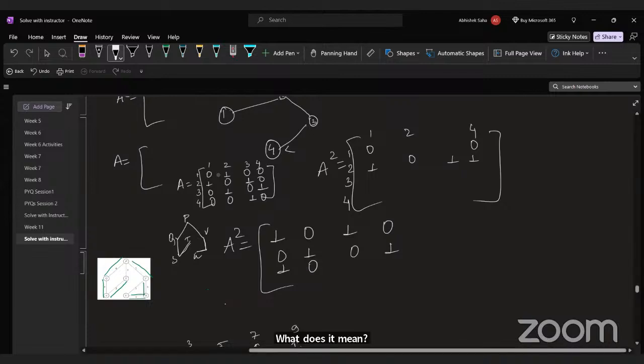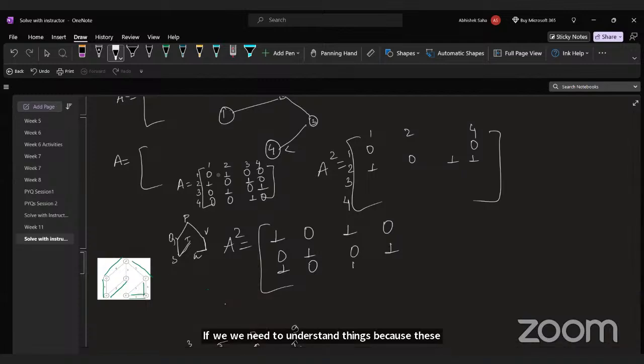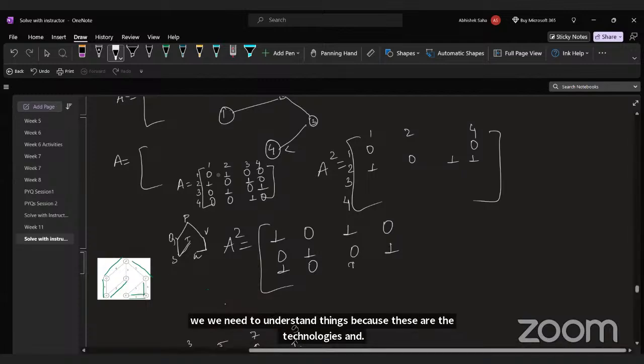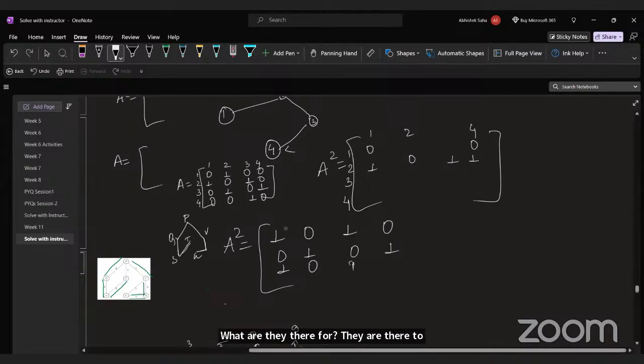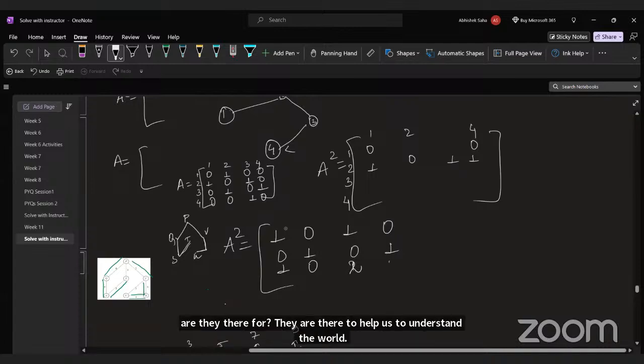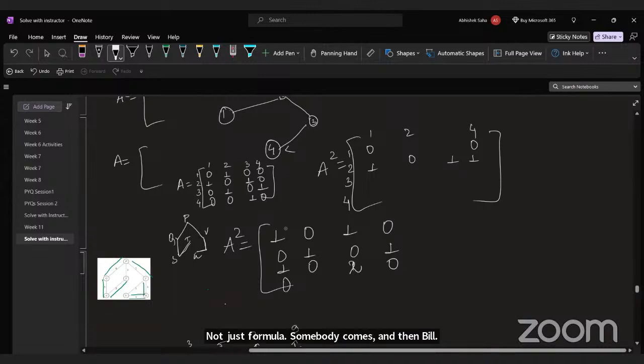These are the technologies, techniques and mathematical tools. What are they there for? They are there to help us understand the world. Not just a formula, somebody comes and then Bellman comes with the algorithm. They have to help us solve a problem in life.